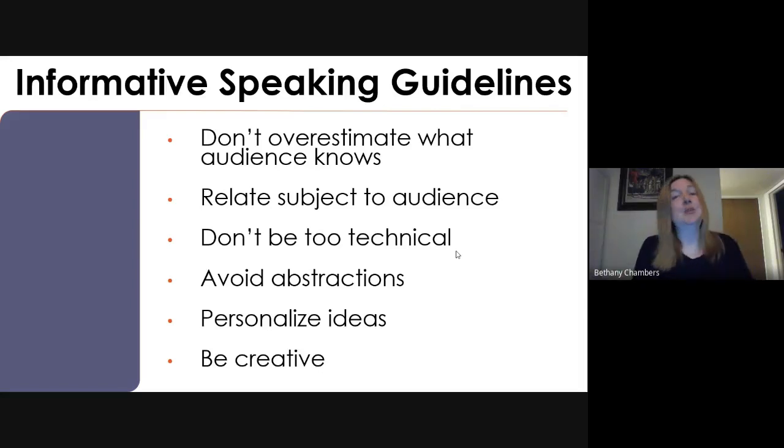Personalize the ideas that you use too. Informative speeches have the potential to be a little bit boring if you're not careful. So personalizing the idea, making it your own, putting your own spin on it and interjecting your personality in these speeches will help maintain your audience's attention and avoid them being bored by what you're talking about.